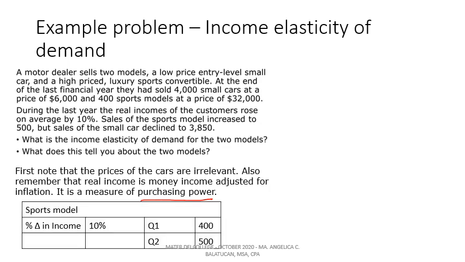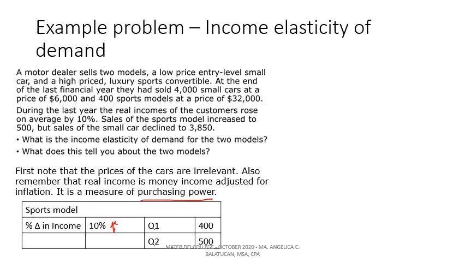So we have here the sports model. For the sports model first, the percentage change in the income is 10%. So this is an increase in the real income. And we have the quantity: from 400, it became 500.